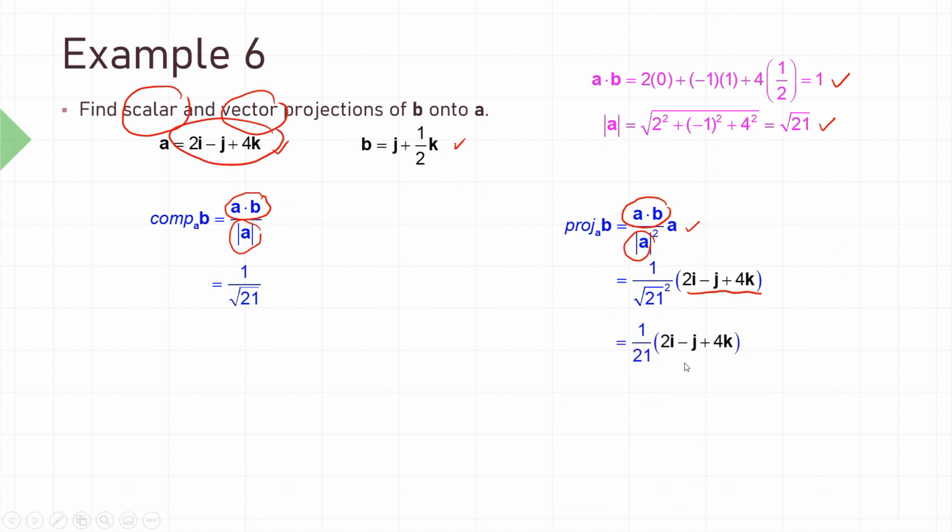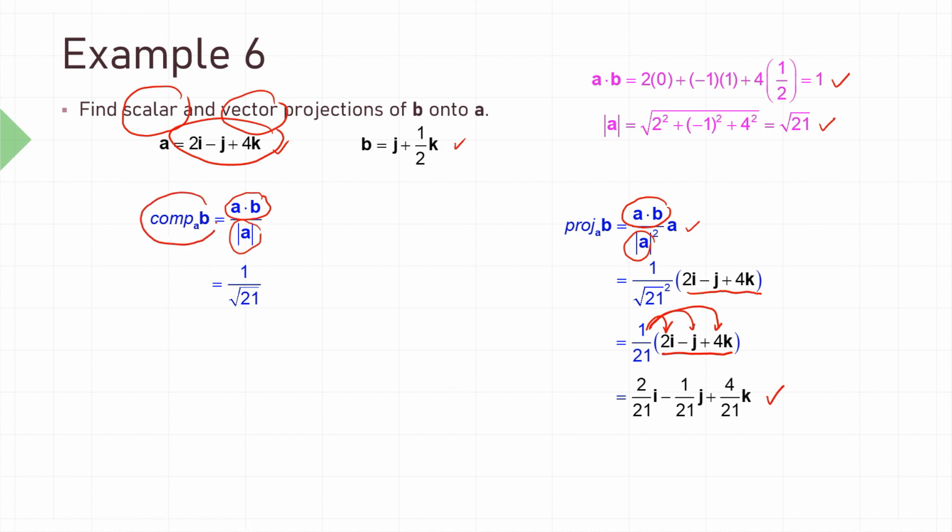You just need to simplify this. You get 1 over 21 of vector A, and you need to multiply this, which is a scalar multiplication, meaning you multiply with each component of this vector. So you simplify, you get this vector. So this is the last answer for this one.